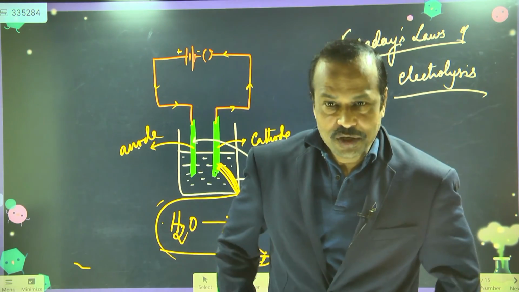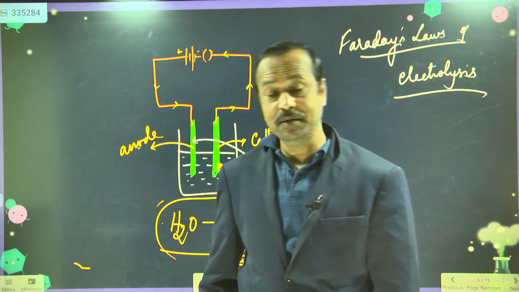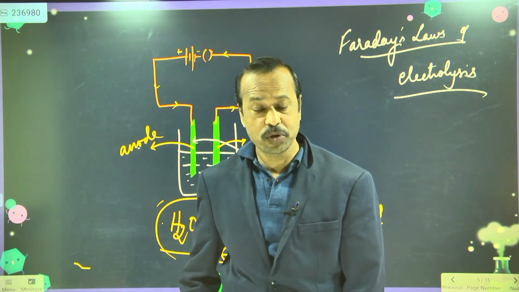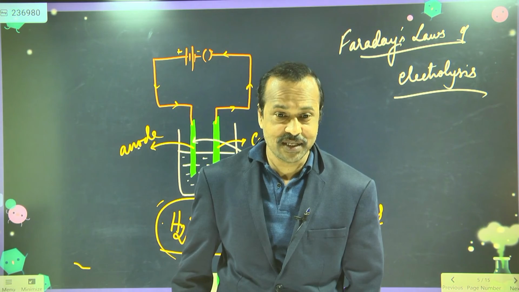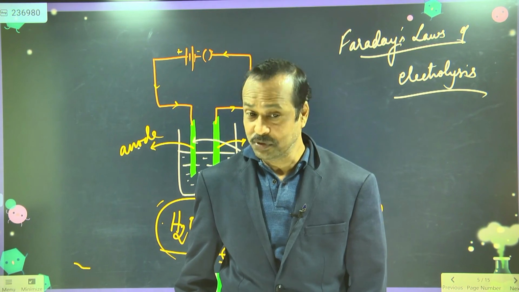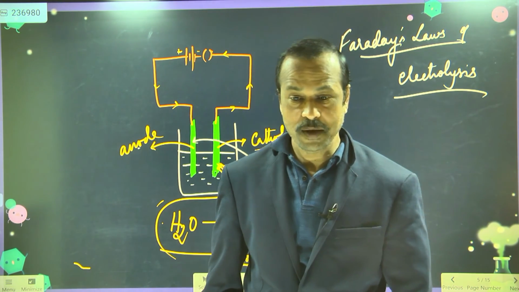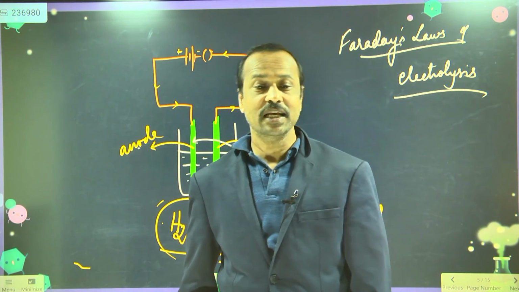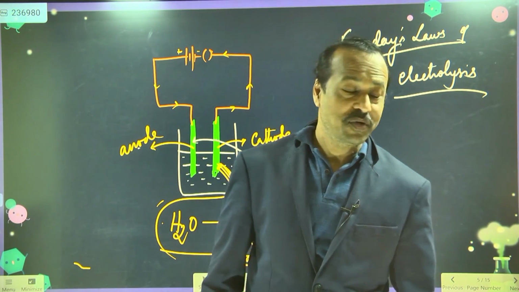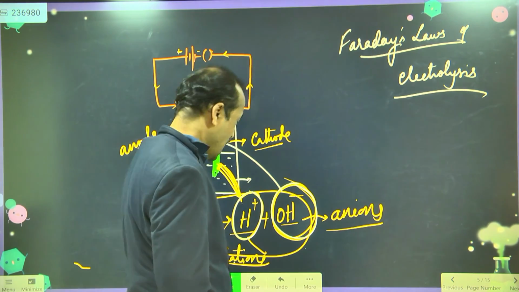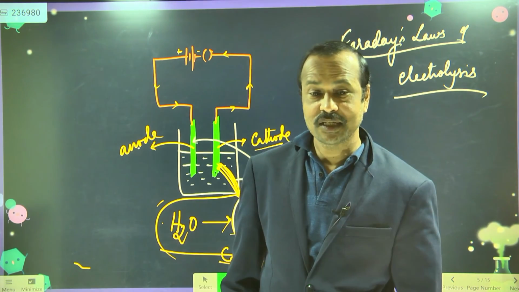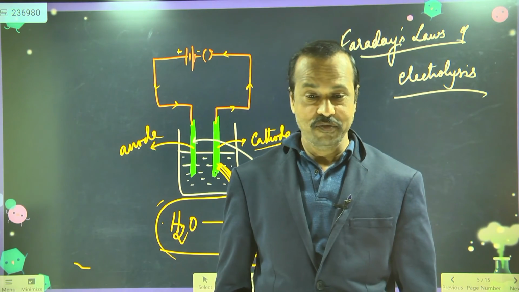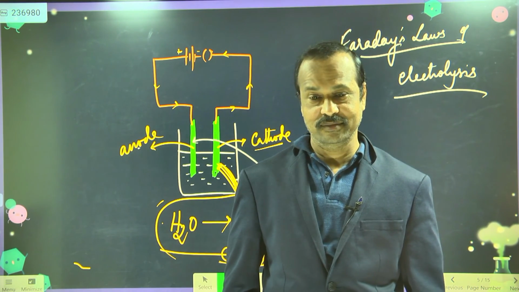So the question arises: from where have these charges come? Atoms are neutral, individual particles that cannot be divided further. Then how are these charges produced? This was a big question. Later, J.J. Thomson explained from where these charges have come.